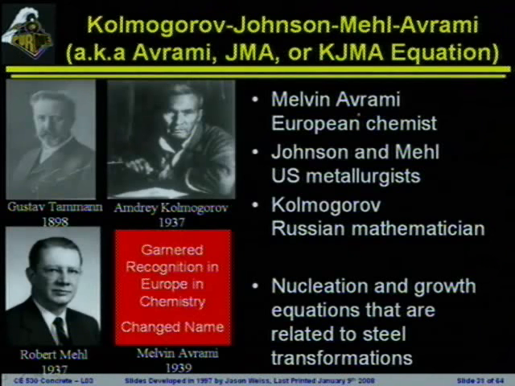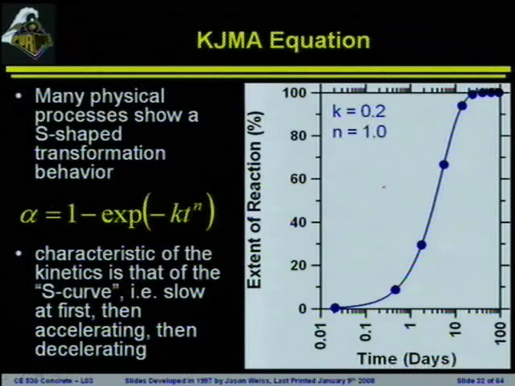One of the things that's very interesting is it's typically referred to as a KJMA model, and each one of these people came at it from a very different field and a very different perspective, but the equation worked out to be very similar. One was a chemist, one was a metallurgist, one was a mathematician, and all of these people started to look at the growth or the extent of reaction that was taking place, and they used sort of that exponential type of equation to describe this S-shaped transformational process where we go from 0% of the material reacted to 100% of the material being reacted.